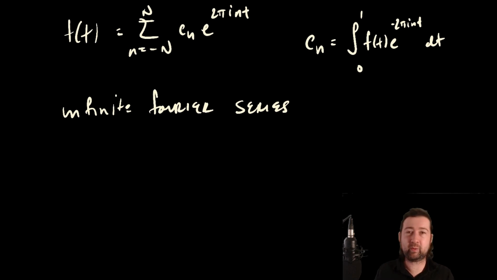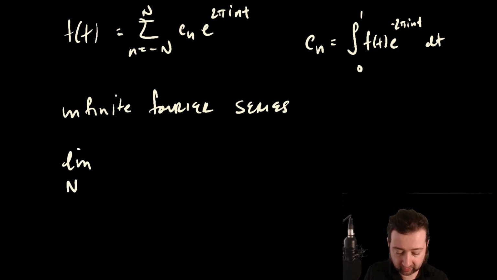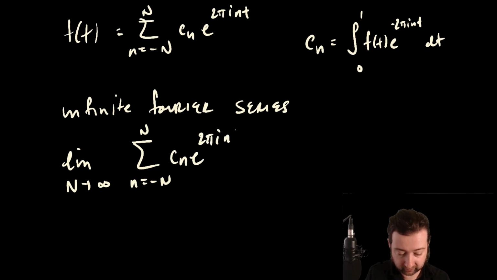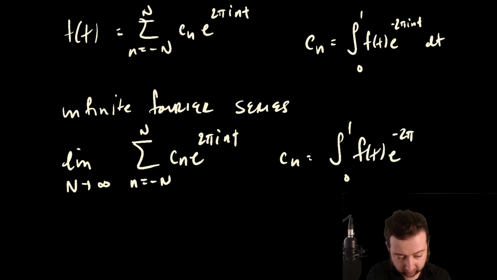So just like usual, when we write an infinite sum down, we really mean a limit of a finite sum. So if we took the limit as N goes to infinity of the sum from little n equal to minus N to N of Cn e to the 2 pi i n t, where the Cn's are generated by the formula, the integral from 0 to 1 of f of t e to the minus 2 pi i n t dt.